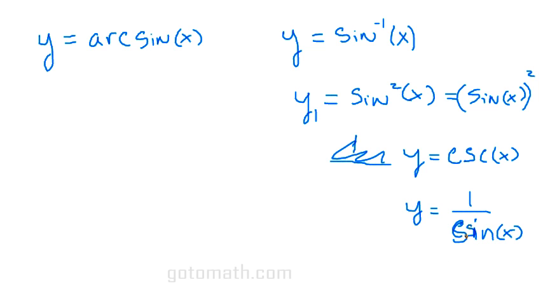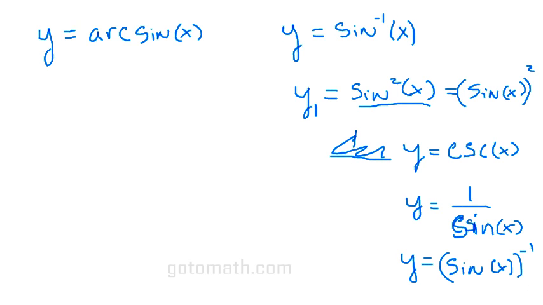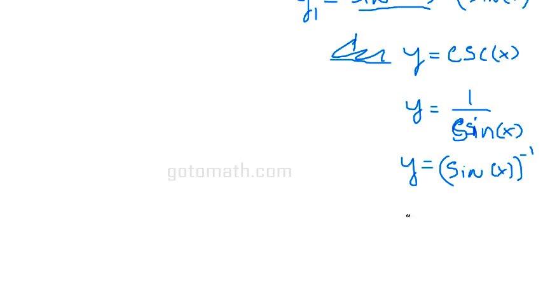And I believe I took this up into the numerator, and I wrote sine x, and I did the whole thing to the negative 1. You notice I took this 2 right here and I put it over here. So these are two different kinds of notation. However, we use this notation most of the time when we say sine squared or sine cubed or whatever. But this notation is not the same as this.